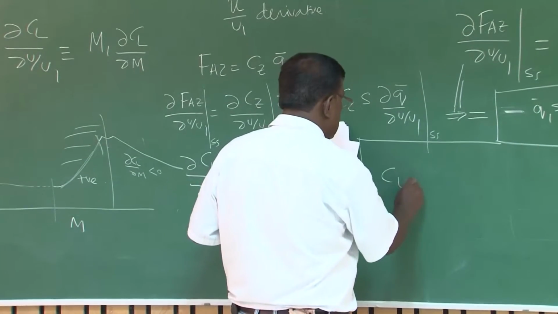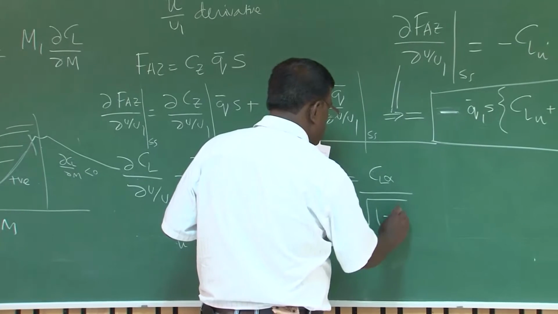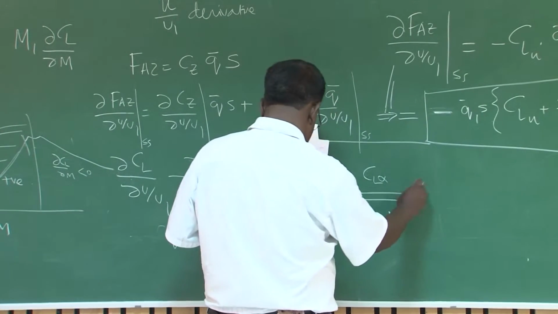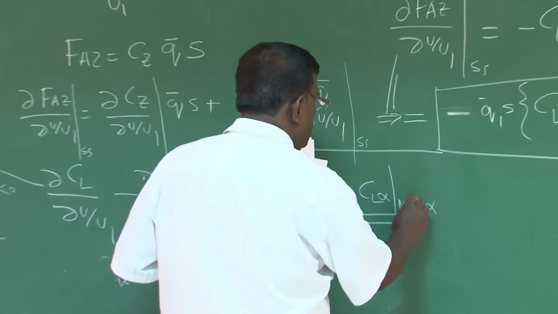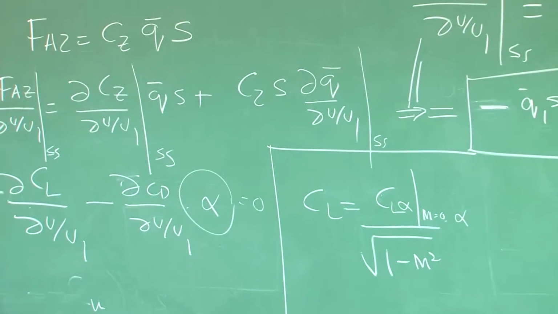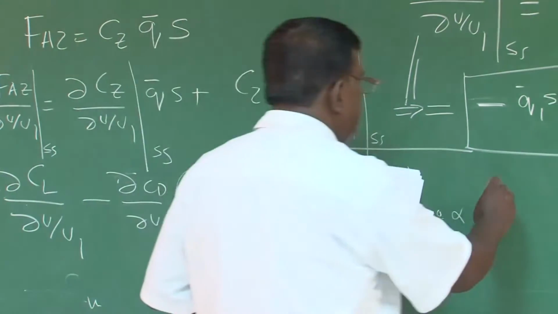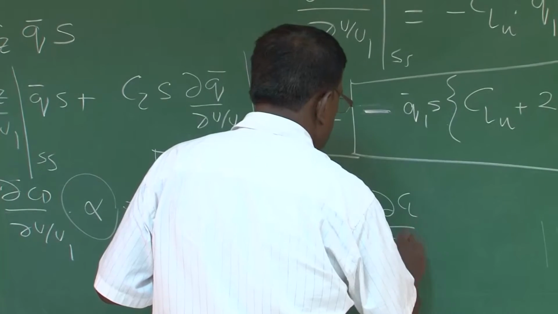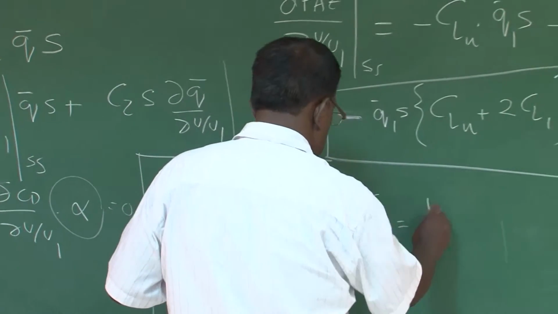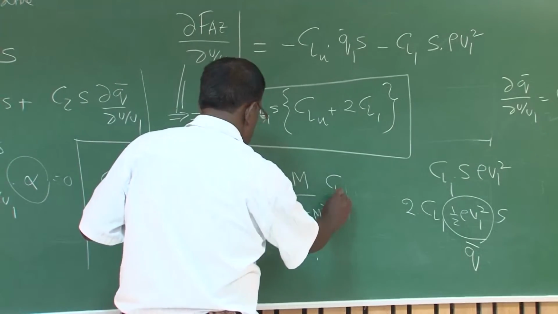And if you see, Cl is defined as Cl alpha by under root 1 minus m square into alpha, and this is at m equal to 0. Incompressible case, this is a compressibility correction. And now if we simply take a derivative dCl by dm, you get an expression as m by 1 minus m square into Cl.